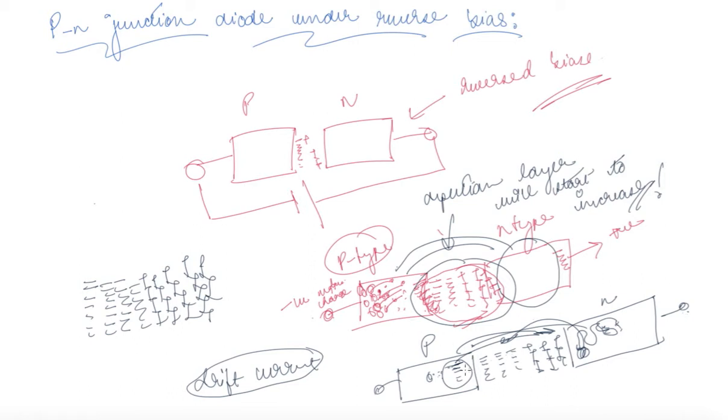The reverse current is not very much because it is stopping the flow of further charges, because the depletion layer is larger as compared to your forward bias. So the diode reverse current is not very much dependent on the applied voltage. Even if you apply voltage, you will see that there is not much flow of current.